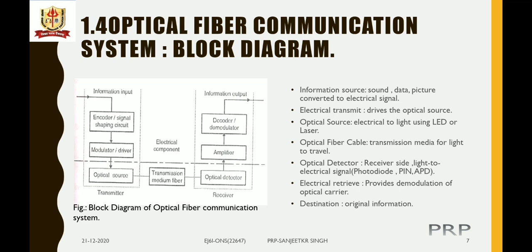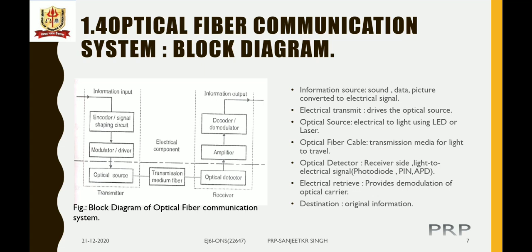Then we have the electrical drive that provides demodulation of the optical carrier, and there is amplification of the signal as the signal has traveled a long distance along the length of the fiber.